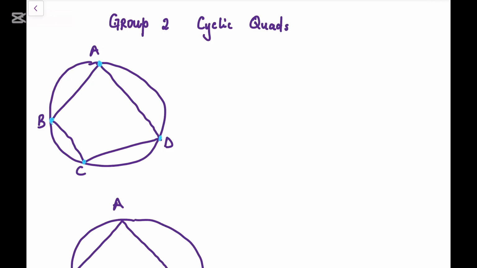Here, A is opposite to angle C, and angle B is opposite to angle D. So angle A plus angle C is always equal to 180 degrees, and angle B plus angle D is always equal to 180 degrees.